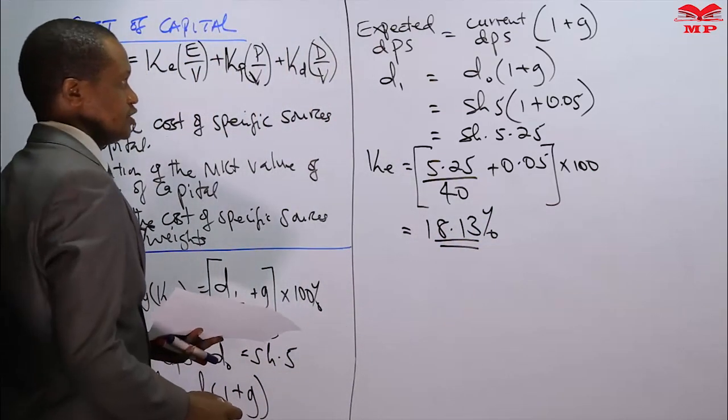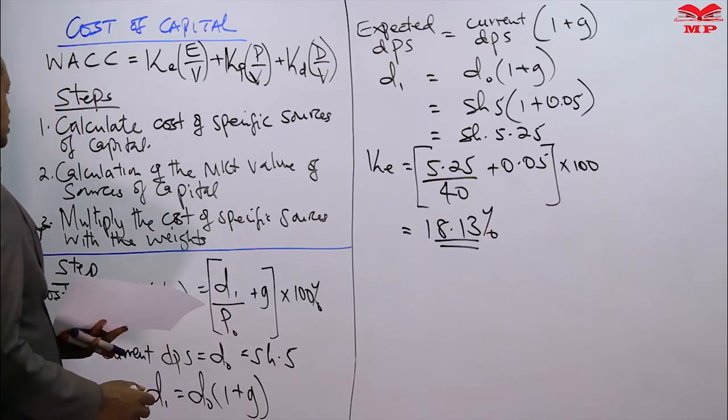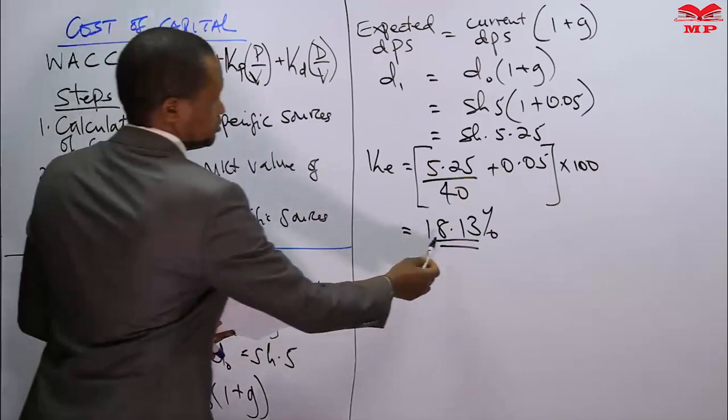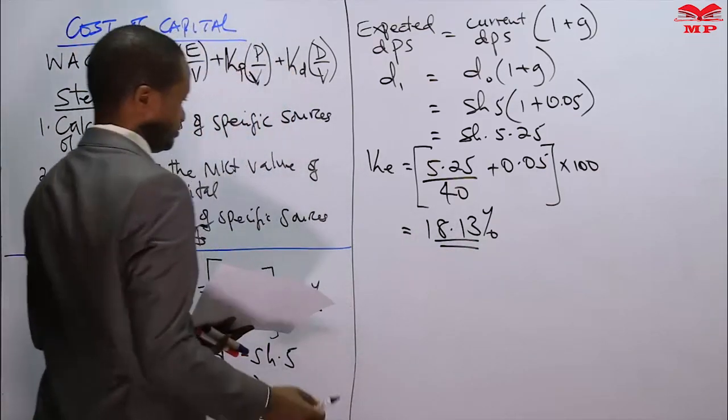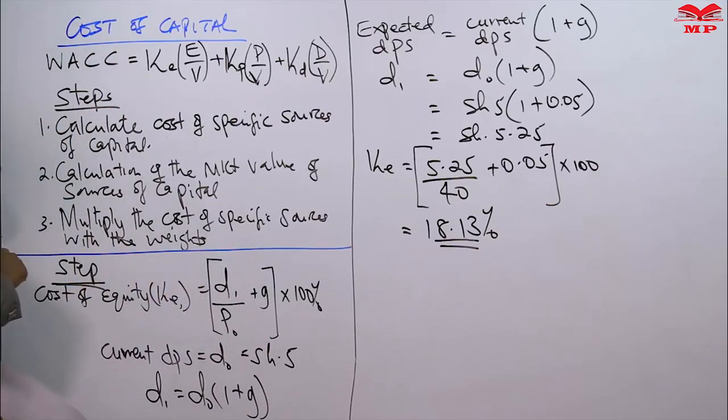So that is how you determine the cost of equity. Cost of equity is 18.13. Then the second, this is the first component or category.